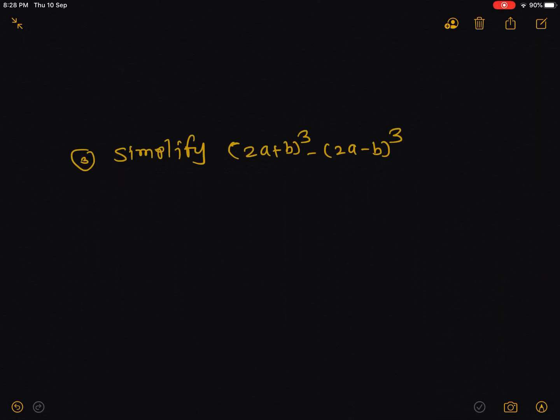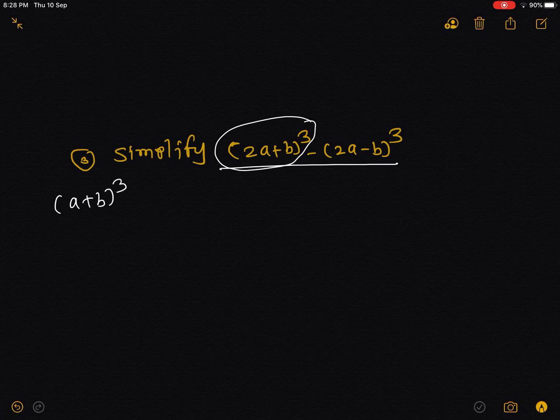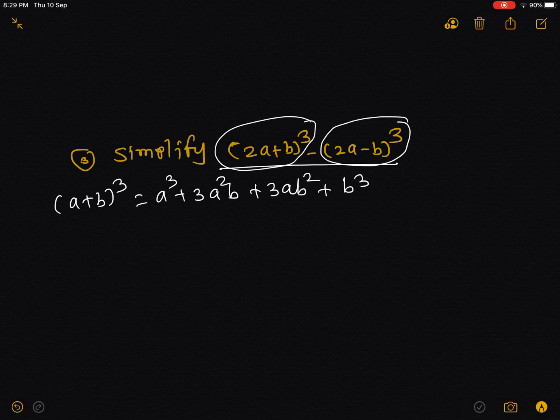See the next example, question number 2. Simplify (2a + b)³ − (2a − b)³. First we expand the first bracket by (a + b)³, it is a³ + 3a²b + 3ab² + b³. The second bracket is (2a − b)³.